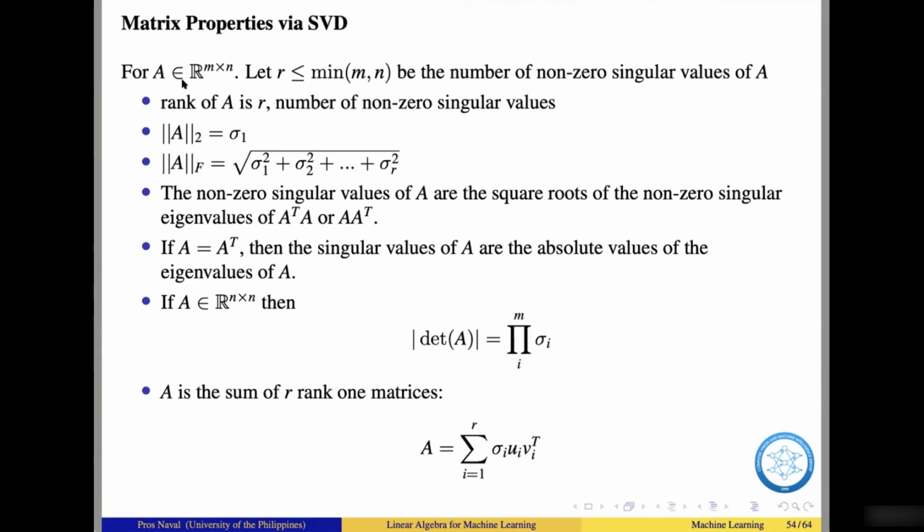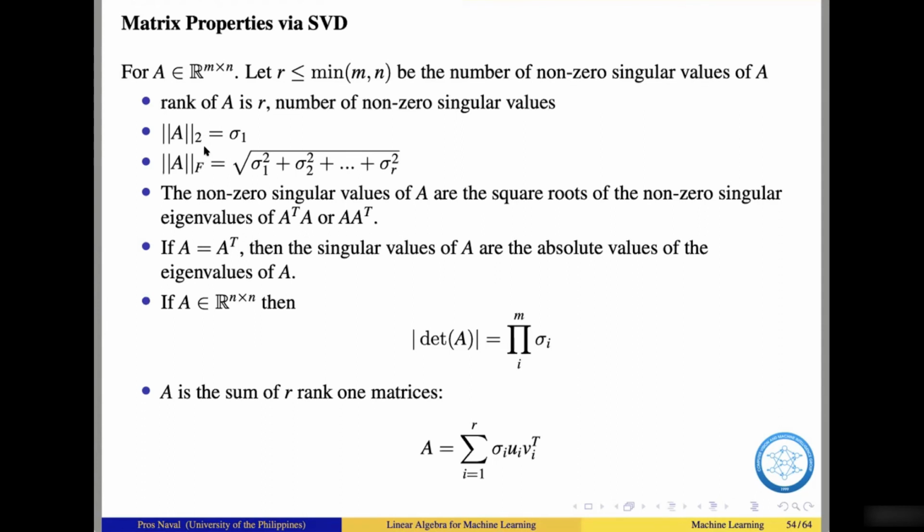So for a general matrix A of dimensions m by n, let r be less than or equal to the smaller of m and n, and let r be the number of non-zero singular values of A. The rank of A is r, the number of non-zero singular values, as said earlier.